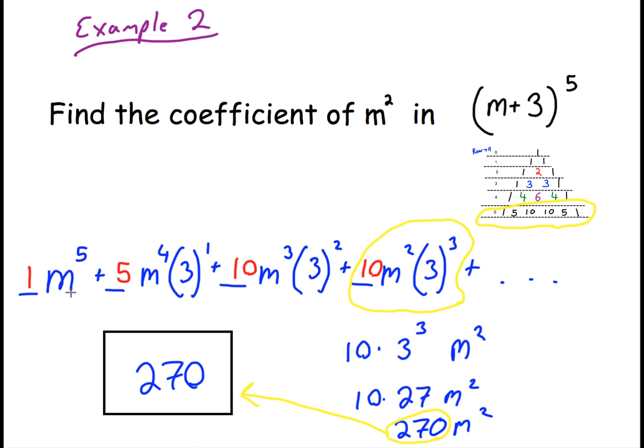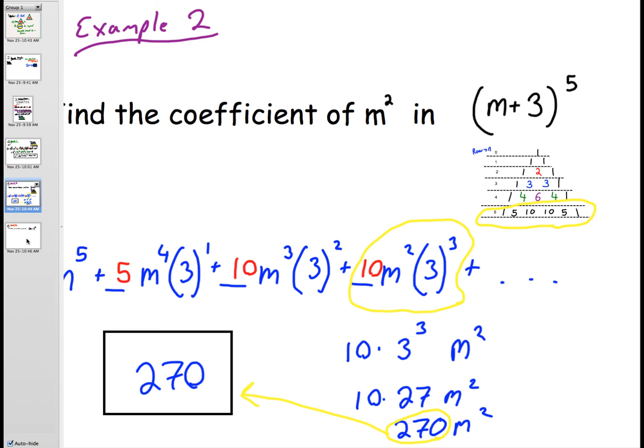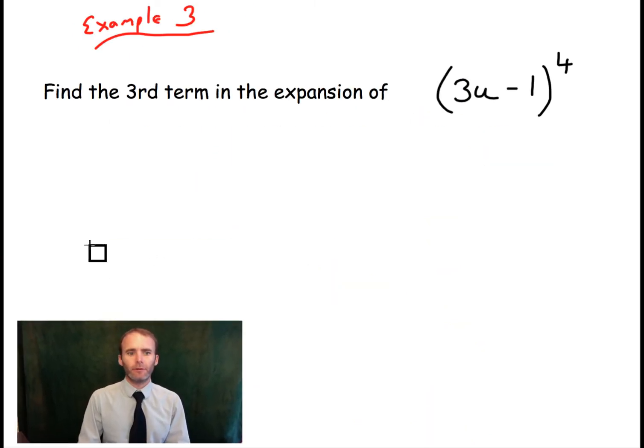Alright, let's do one final example here. And this last example is find the third term in the expansion of 3u minus 1 to the 4th. So I'm finding the third term.